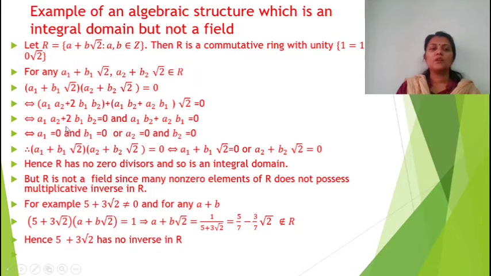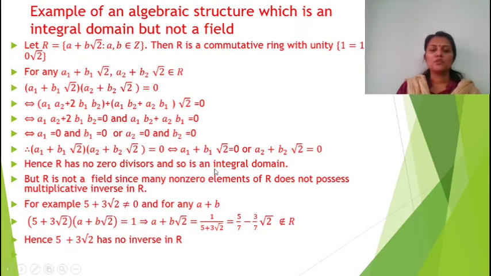And we get a1 a2 plus 2 b1 b2 equal to 0 and a1 b2 plus a2 b1 equal to 0, which implies a1 equal to 0 and b1 equal to 0, or a2 equal to 0 and b2 equal to 0. Therefore, the product is equal to 0 if and only if a1 plus b1 root 2 is equal to 0 or a2 plus b2 root 2 is equal to 0. Therefore, R has no zero divisors, so it's an integral domain.